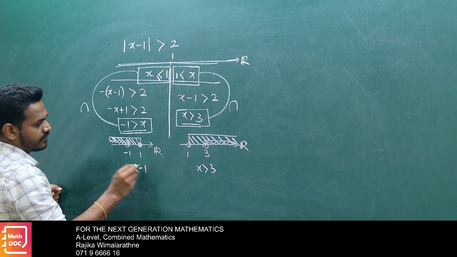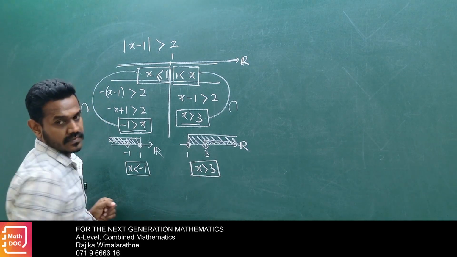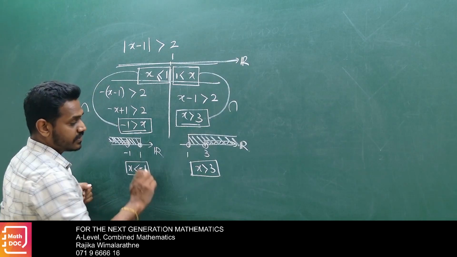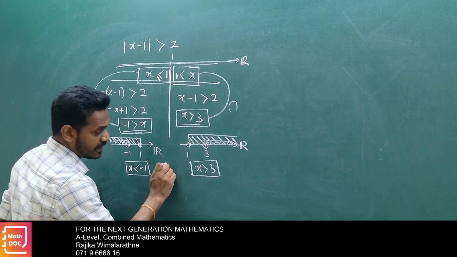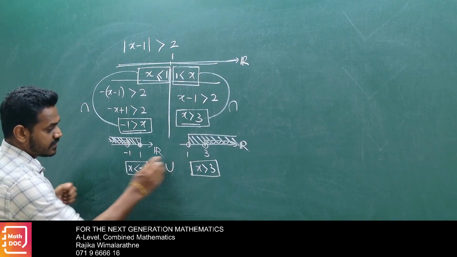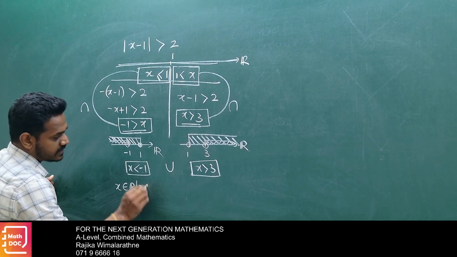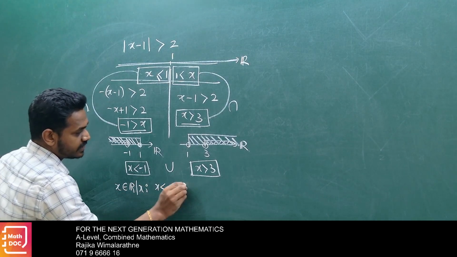Finally, you take these two and get the union. Then the final answer is x element of real set such that x less than minus 1 union x greater than 3.